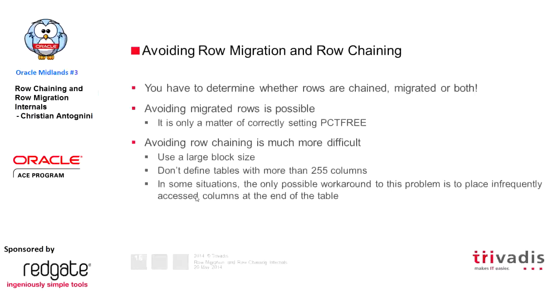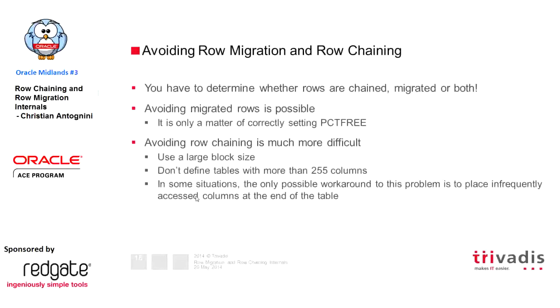If you have migrated rows, basically setting PCTFREE higher might be enough. You can fix it with a higher PCTFREE. Avoiding row chaining, of course, is much more difficult because if you need more space, you can only use larger block sizes. But sometimes even the larger block sizes are too small. If you have the limit because of 255 columns, maybe it's not a problem.